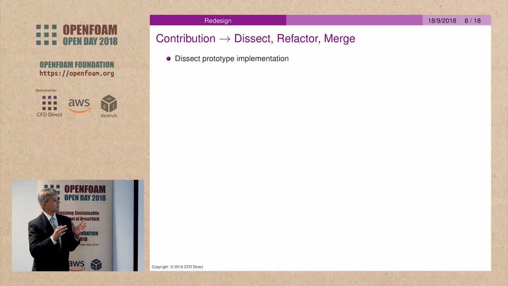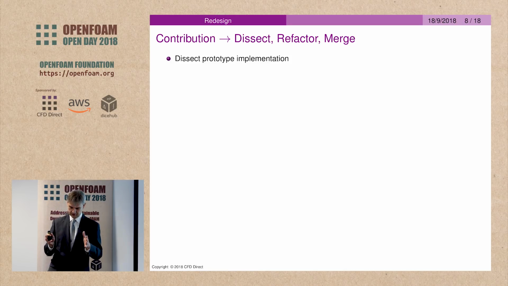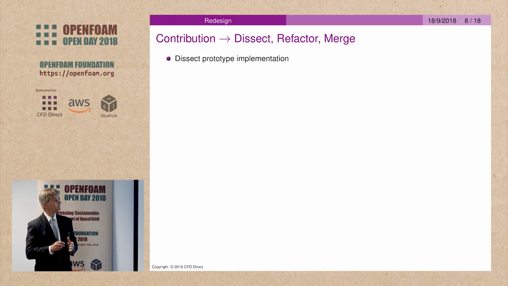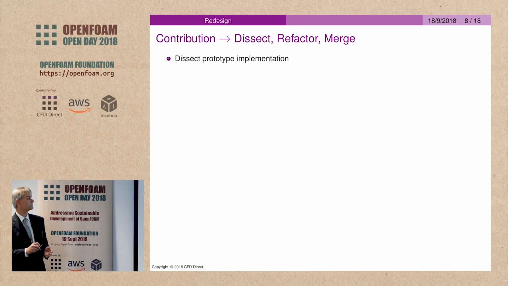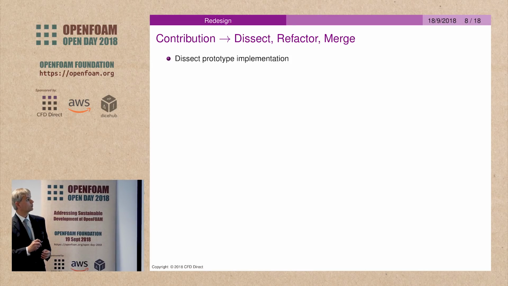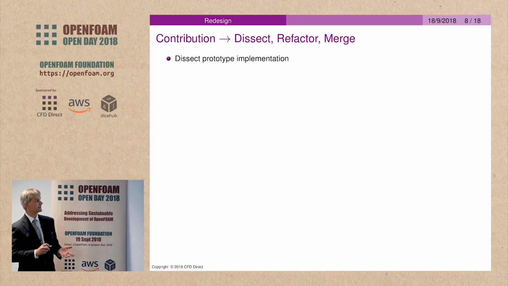So to manage that research development and the integration in OpenFOAM, what we have to do is redesign the code to handle the additional functionality that's been provided to us. So we take the code that's provided to us, we dissect it.